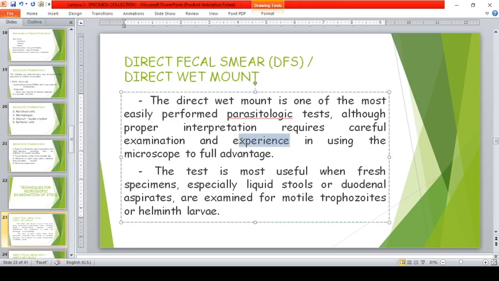It takes a lot of experience for you to develop your skill in identification of parasites, using the microscope to full advantage. The test is most useful when fresh specimens, especially liquid stools or duodenal aspirates, are examined for motile trophozoites or helminth larvae.